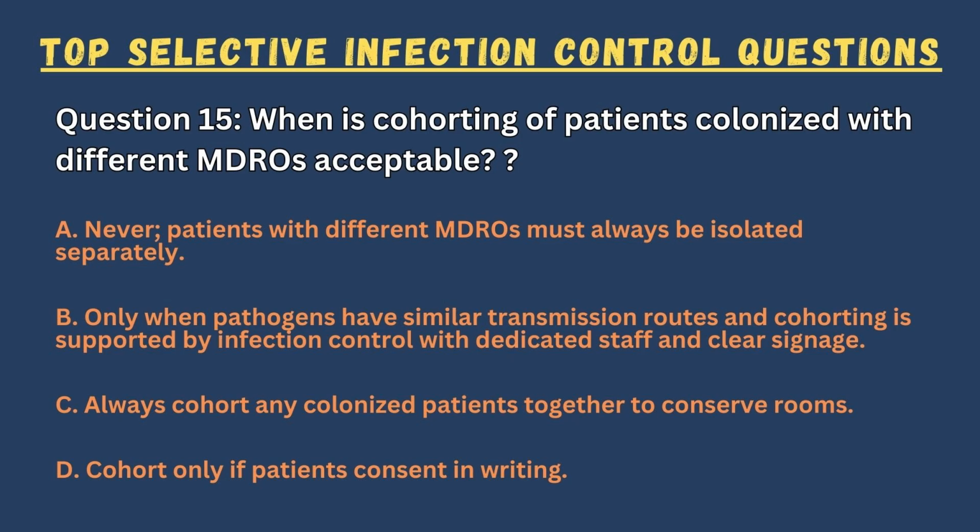When is cohorting of patients colonized with different MDROs acceptable? A. Never. Patients with different MDROs must always be isolated separately. B. Only when pathogens have similar transmission routes and cohorting is supported by infection control with dedicated staff and clear signage. C. Always cohort any colonized patients together to conserve rooms. D. Cohort only if patients consent in writing.